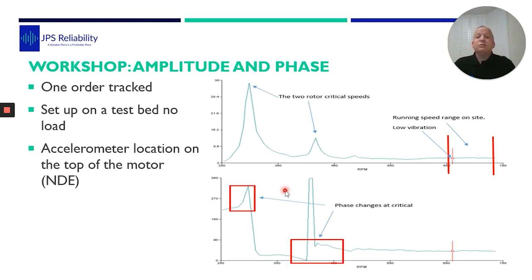And yes, there are two rotor criticals here. You can see as the phase goes through 180 degrees, we got one high peak, and here, where it goes through 180 again, you get another high peak. But this is down at 300 and 375 RPM. At the actual run speed on site, that motor was running super smooth.